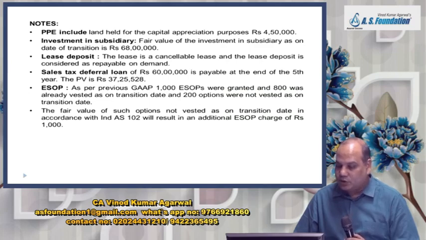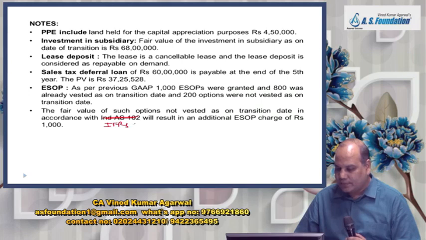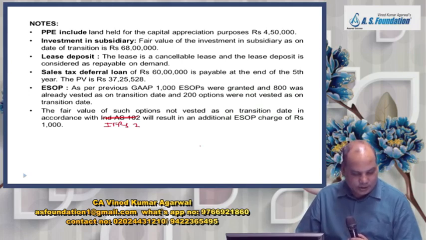The fair value of such options not vested on the transition date in accordance with IFRS 2 results in an additional ESOP charge of rupees 1000. Tick mark retained earning, we will reduce 1000. And tick mark ESOP reserve, which we will increase by 1000.